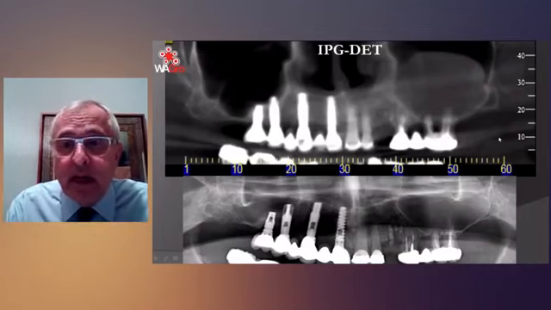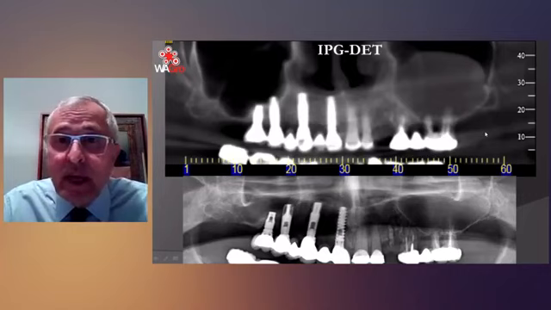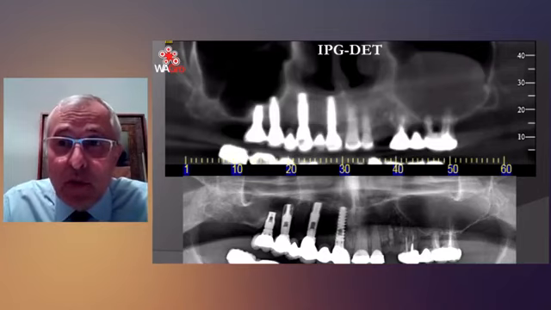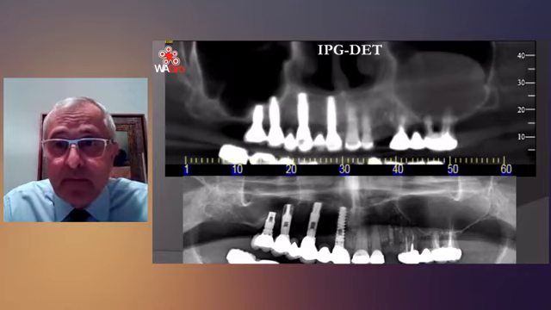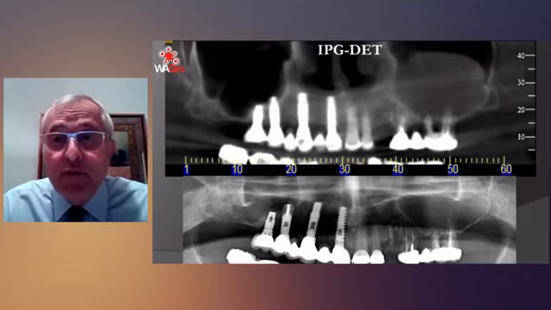Can you place a direct implant in this case? I'm sure that everyone will say no. We have to take out the teeth, do sinus floor elevation, clean the sinus, wait for bone regeneration, and after months, place the implant. So maybe we need 1.5 years to finish this case.